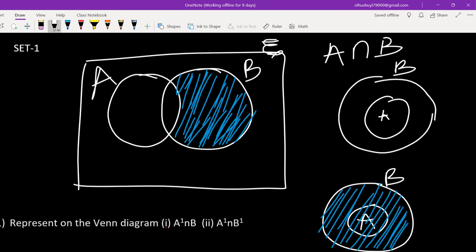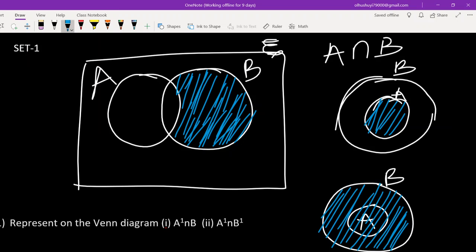A intersects B: what is common to both A and B? And that will be the region. Let me put A somewhere here. Now this is B, the bigger one is B, the smaller one is A. So their intersection will be this region. This is where both of them can actually meet.